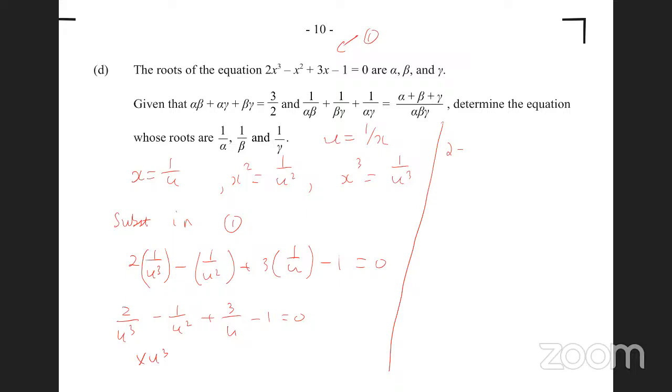So you'll get 2 minus u plus 3u squared minus u cubed is 0. You could rearrange it and you'll get positive u cubed minus 3u squared plus u minus 2 is 0. And then you could replace with x. So you'll get x cubed minus 3x squared plus x minus 2 is 0.